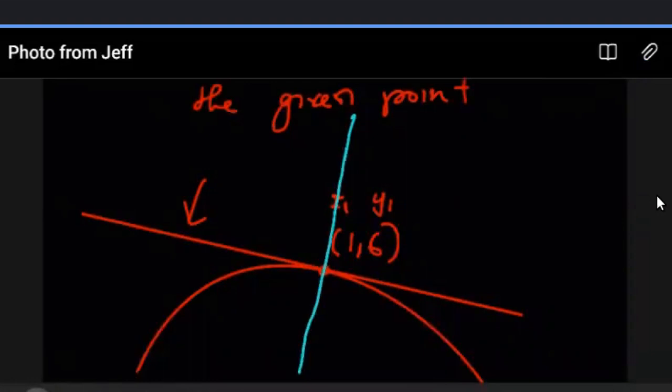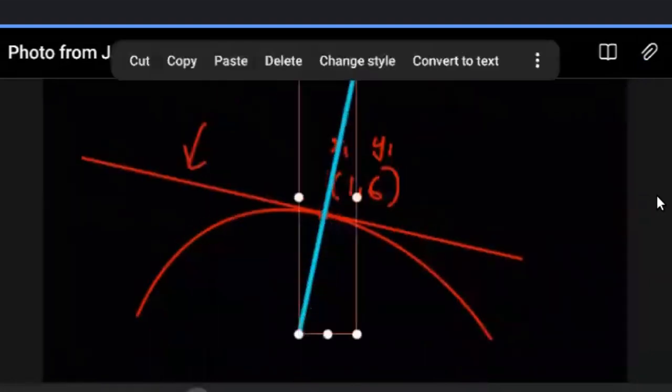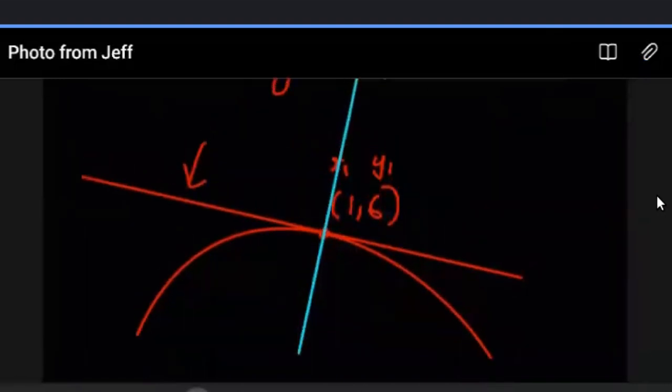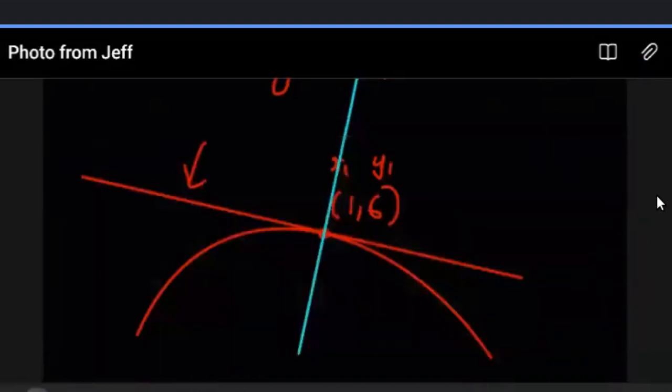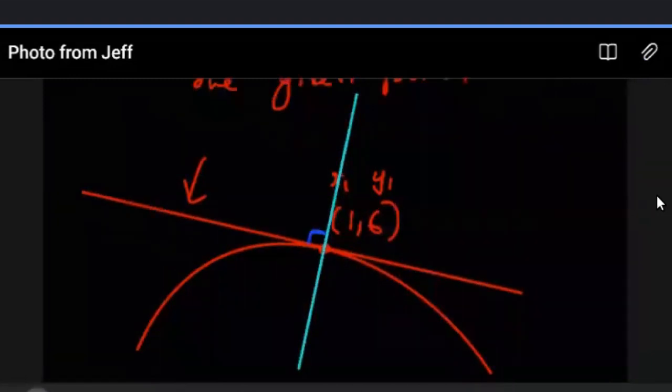So this is how a normal would look. But the point I want to drive home here is the relationship between the normal and the tangent. These two lines are perpendicular to each other. So we kind of forget that this is a normal, this is a tangent.